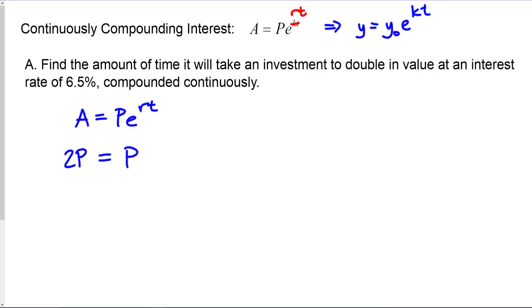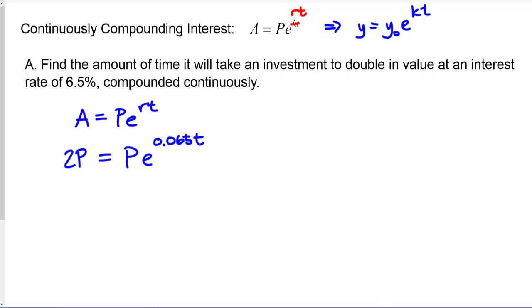So whatever we start with, we want to end with double that. So 2 times the initial amount is our ending amount. Then e to the interest rate, 0.065, and the time is just a variable left as t.